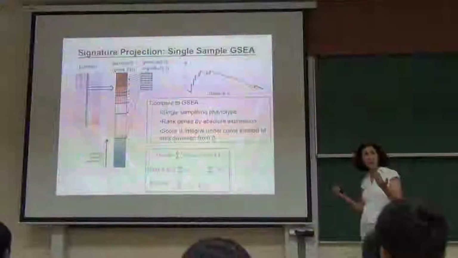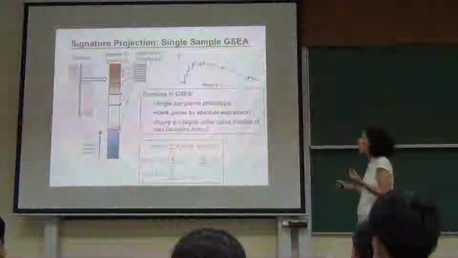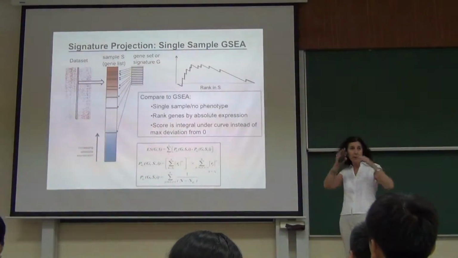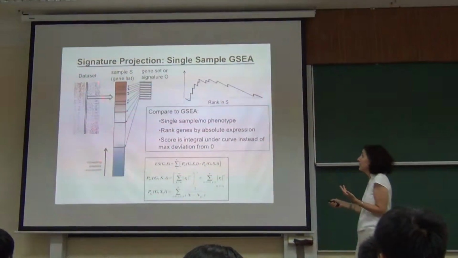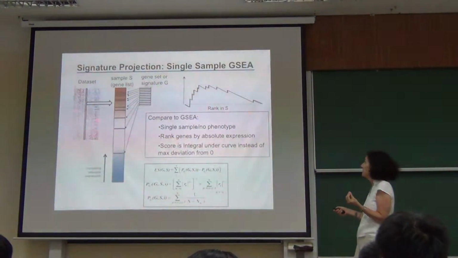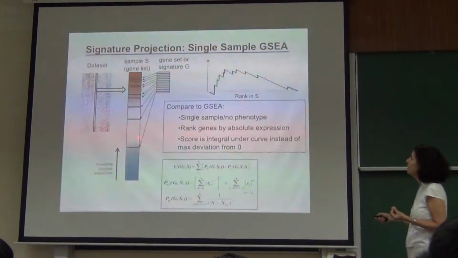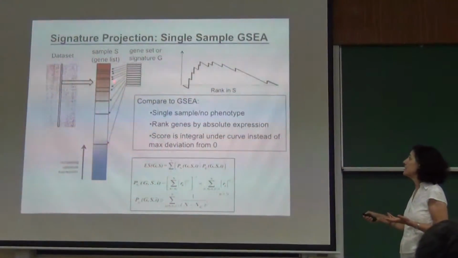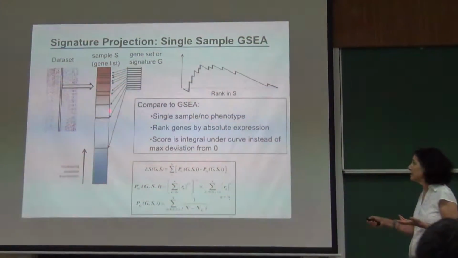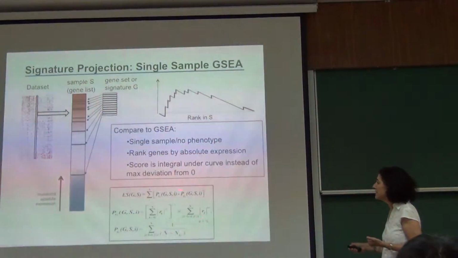differential expression. I can't sort genes according to their correlation with outcome, because I only have a single sample and I don't know what it is. So in this case, I just sort the genes according to their absolute expression: the highest expressed genes at the top, the lowest expressed genes at the bottom. And then the formula here is very similar.